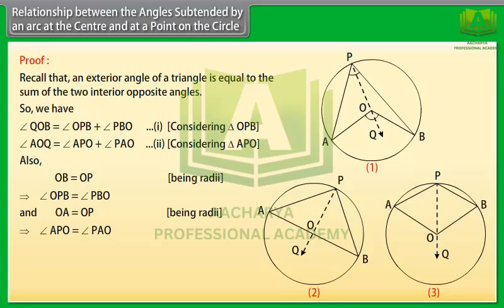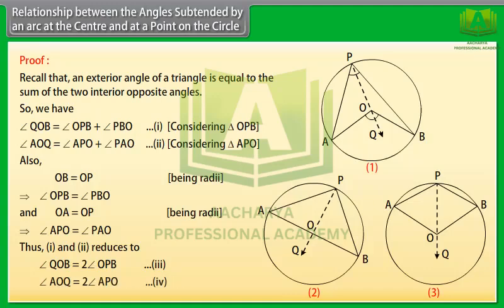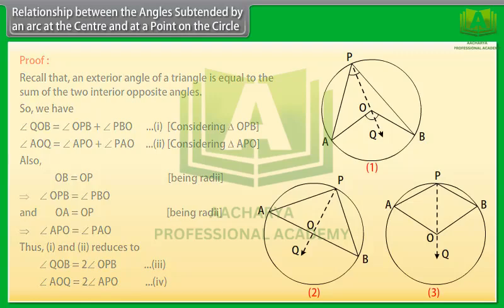Similarly, angle APO is equal to angle PAO, thus 1 and 2 reduce to angle QOB is equal to 2 into angle OPB, 3. Angle AOQ is equal to 2 angle APO, 4.